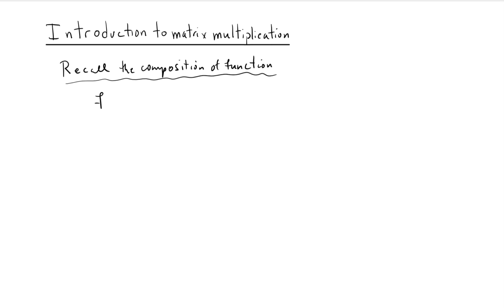So for instance, let's say I have a function f of x, which is x squared, and a function g of x, which is 2x plus 1. I can combine these two simple functions together in order to form a more complex function. How do I do this? Well, I could look at the function f of g of x.